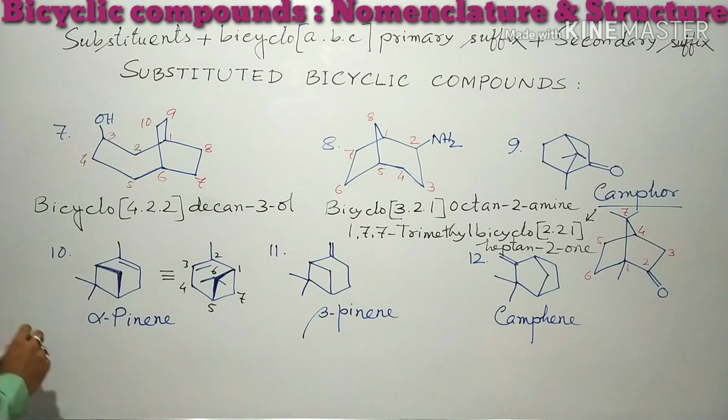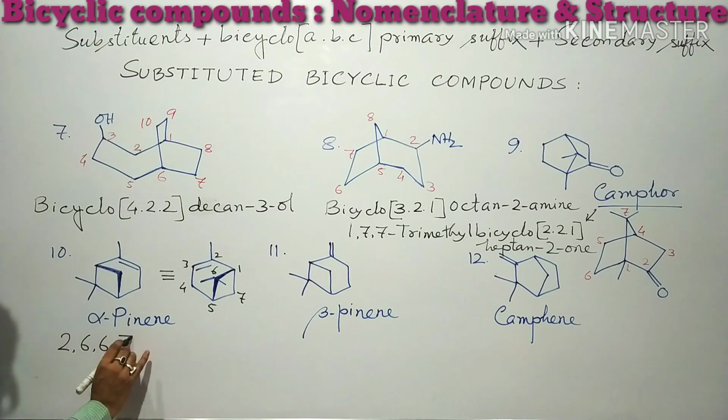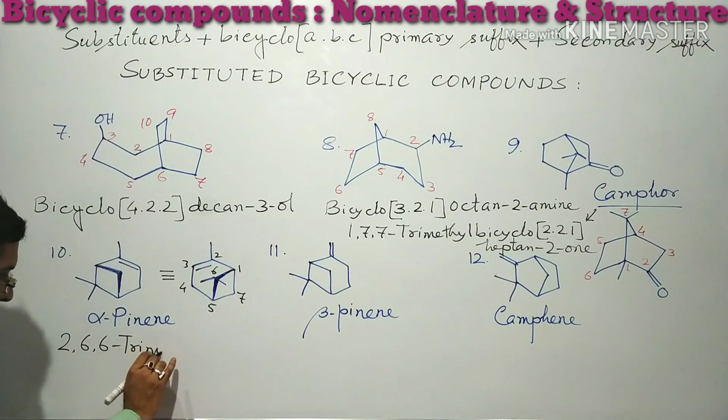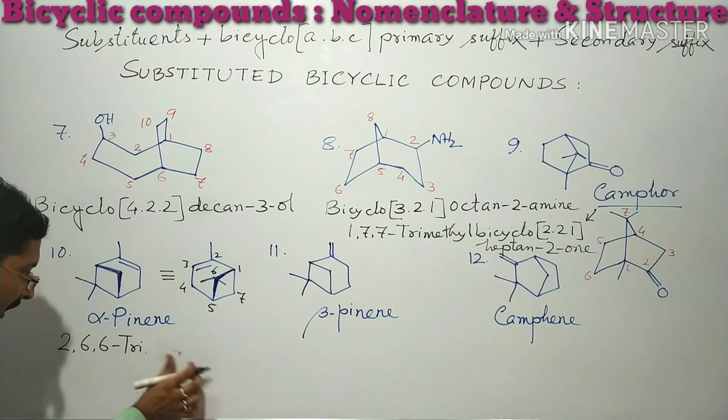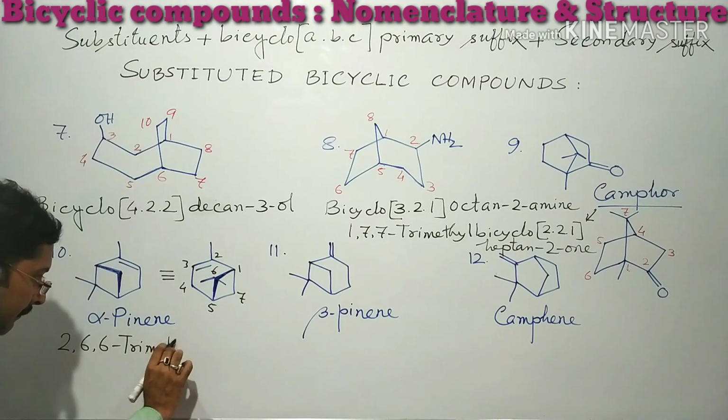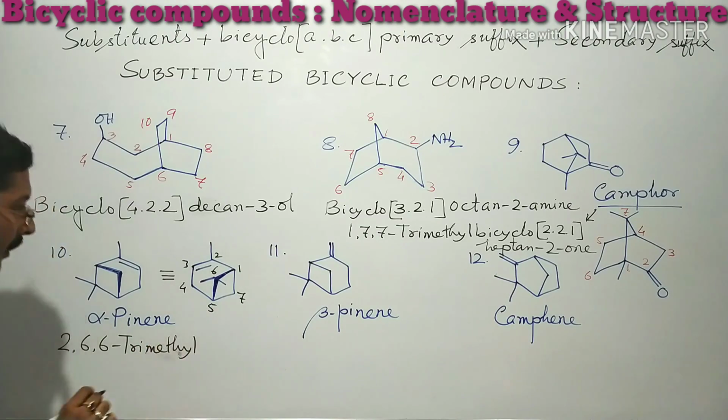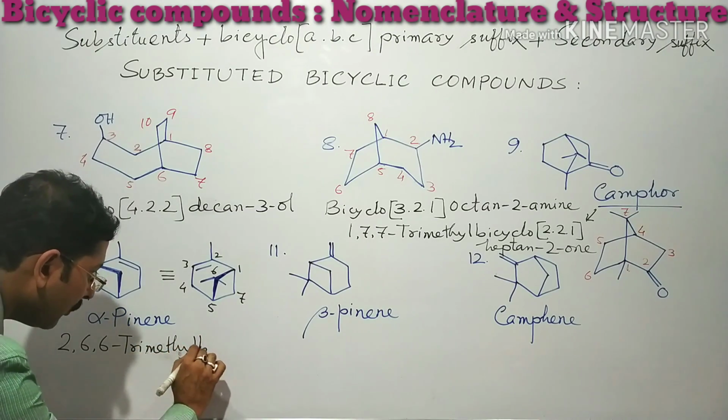So the name of the compound is 2,6,6-trimethylbicyclo.